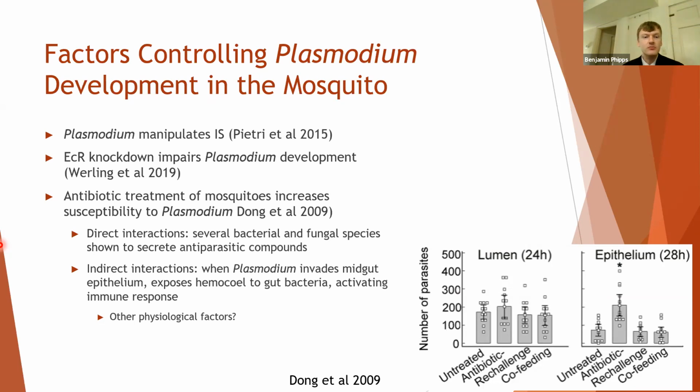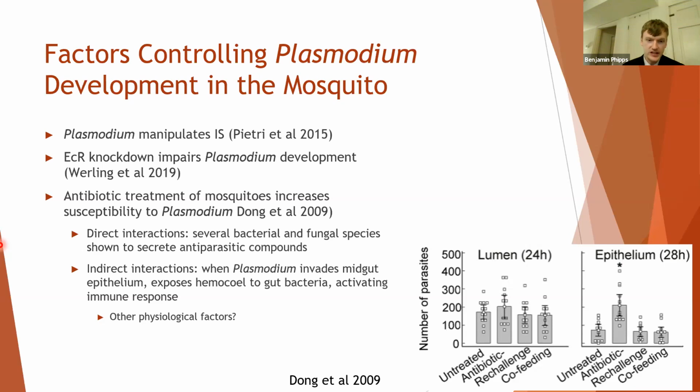Plasmodium also has this connection to the microbiota because antibiotic treatment of mosquitoes increases susceptibility to Plasmodium. And so people have been trying to work out why that is. And we've seen a lot of literature about the direct interactions.